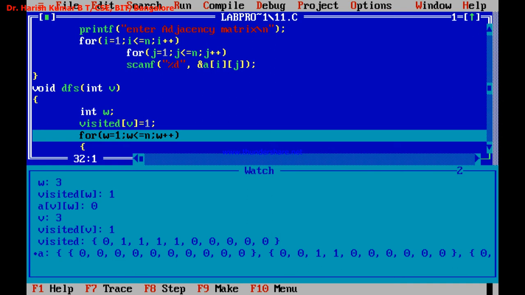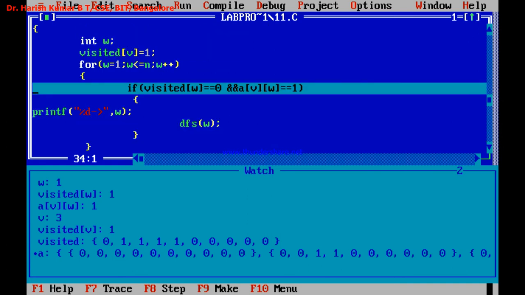Now w is equal to 1, w less than or equal to n, w plus plus. You are checking whether the first node is visited. Visited of 1 is equal to 0? False it is. That means this is already visited. So it skips. Now you are checking whether 2 is visited.